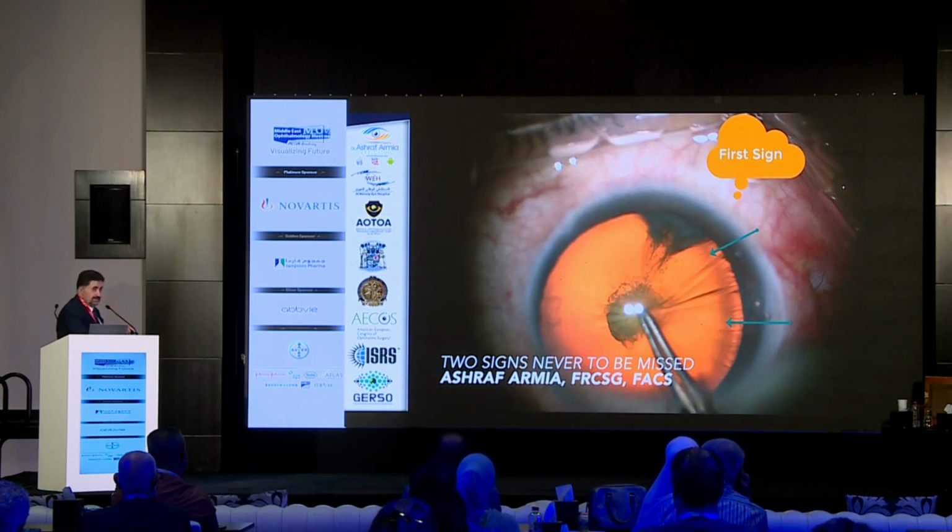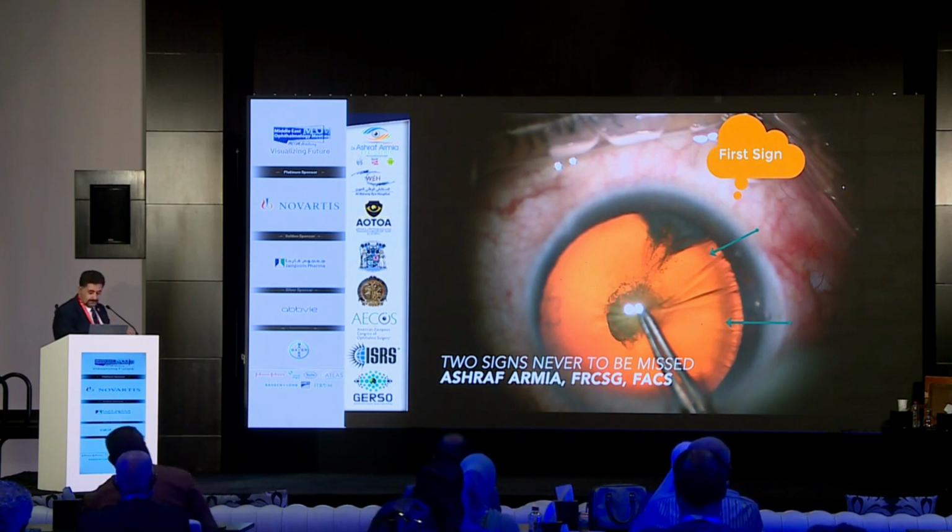Once you start the rhexis and you press and you find these wrinkles, this is a weak zonules. And the wrinkles are not all over the capsule, they are localized at the area of abnormal cataract. So this quadrant has a weak zonules.